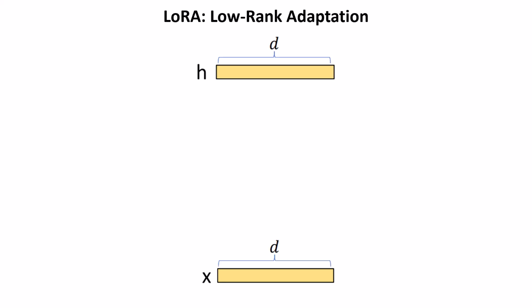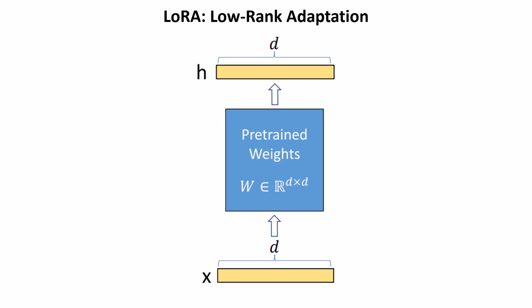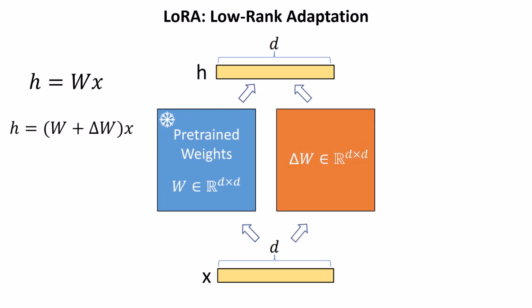The simplest way to train a neural network is a simple weight matrix, W, from d-dimensional to d-dimensional, which we pre-train for some task, and we can represent h as W times x. But LoRA says, instead of fine-tuning the whole W, let's keep it frozen and instead add some delta W and only fine-tune that.